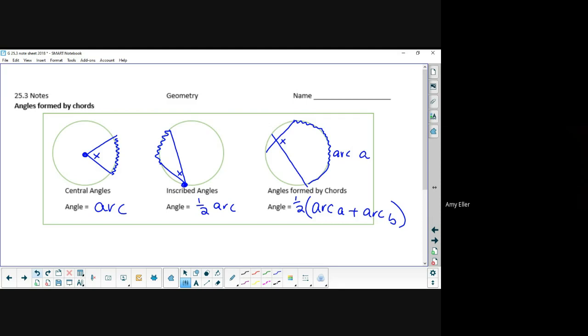Where does it shine to? That's arc A. Arc B is going to be pretty much directly across from it. You'll want to go to the vertical angle with the X that you picked. And the arc that it's shining on is going to be arc B. Technically, you can flip those because you're just adding, and you can add in either order.